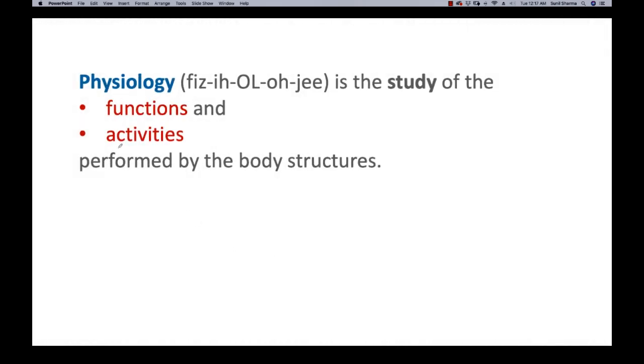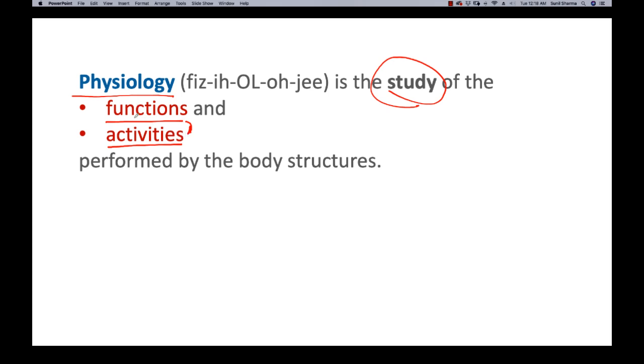Well, then we look at physiology. Physiology is, again, a study. What kind of study is it? Of functions and activities. How does something function, and what environment does it function in? How do things move about, and what kind of activities is something involved in?